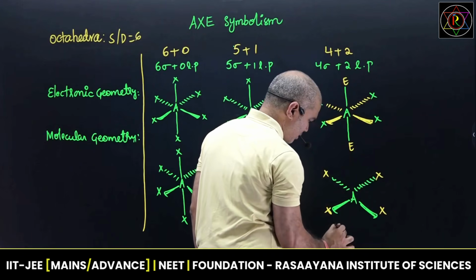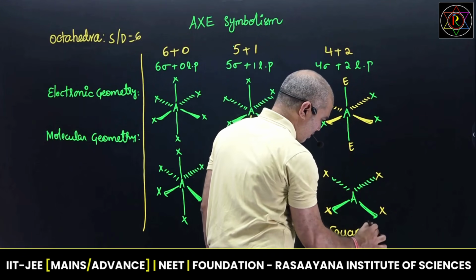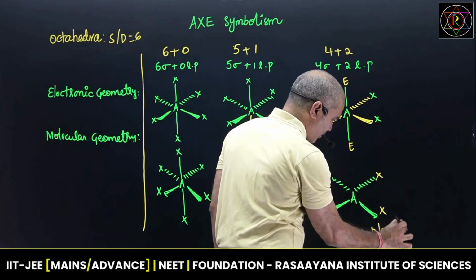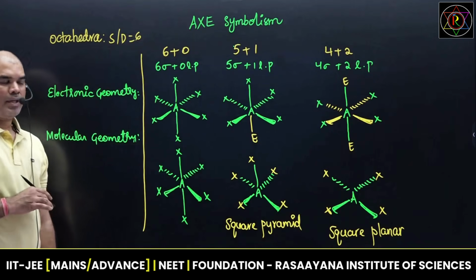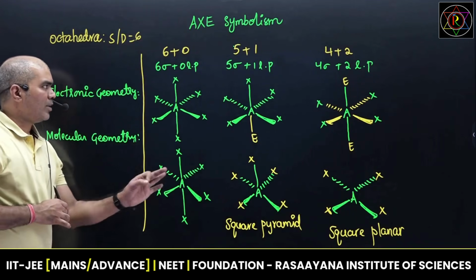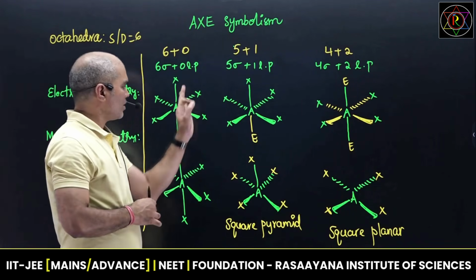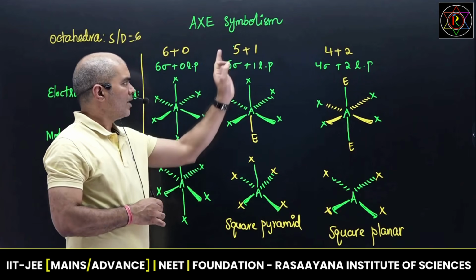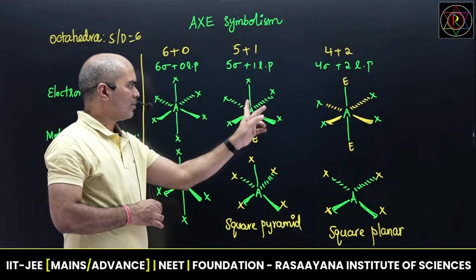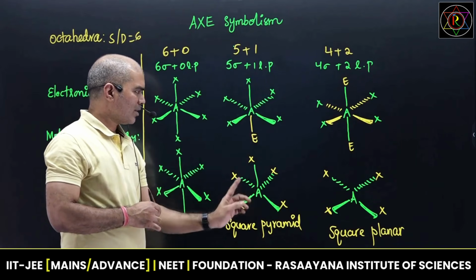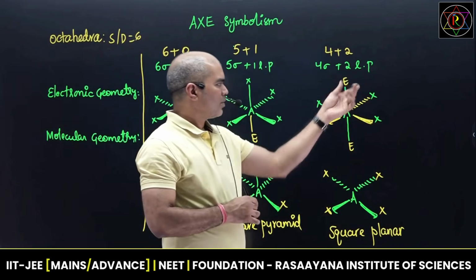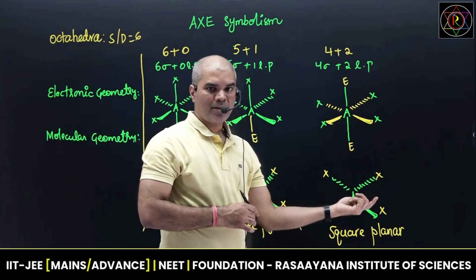So it looks like a square planar geometry. In the beginning I told you square planar and square pyramid are derived geometries but not the parent geometries for VSEPR theory. So we have 3 combinations for octahedral. 6 plus 0 is purely octahedral in both cases. 5 plus 1, with 5 sigma and 1 lone pair, is octahedral geometry for electronic, while molecular geometry is square pyramid. The 4 plus 2 combination is octahedral and square planar.